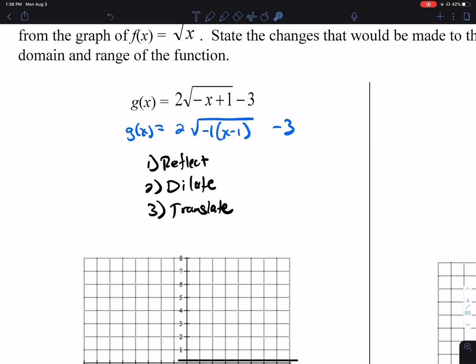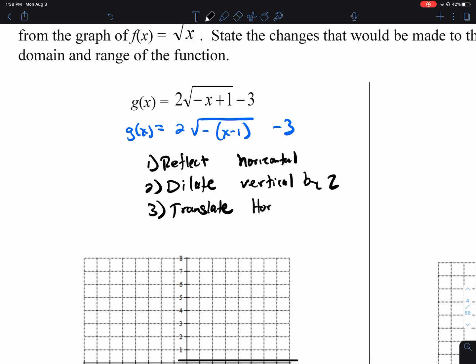Well, there sure are. There is a horizontal reflection. I'll tell you what, I'm going to erase this 1, just make that negative in front. Reflect, horizontal. Any dilations? There is a dilation, vertical by 2. Any translations? Sure are. There's a translation to the right 1 and down 3.